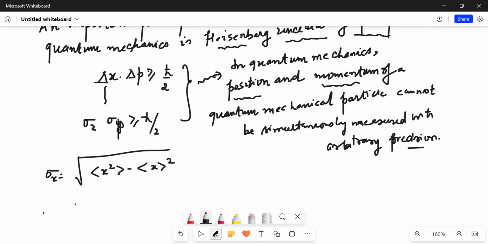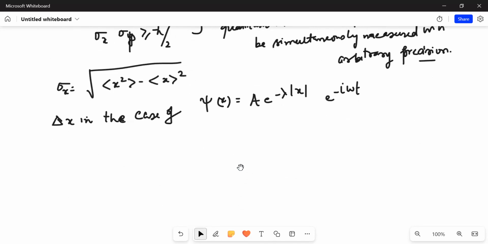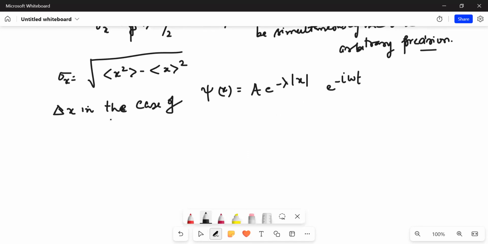If I want to find my delta x in the case of wave function psi x equals a e to the power minus modulus of lambda x e to the power minus iota omega t, what would it be? So what would be the uncertainty in finding the position? Uncertainty delta x is given by sigma x, which is standard deviation.